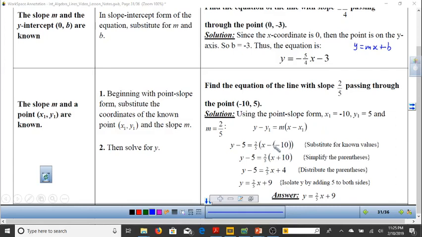Please make sure you pay attention to your pluses and minuses. If you're minusing a negative, that means adding a positive. And of course, remember when you're adding fractions, you need a common denominator. In this case, we're just adding whole numbers.